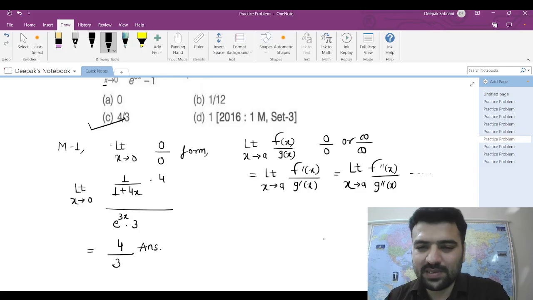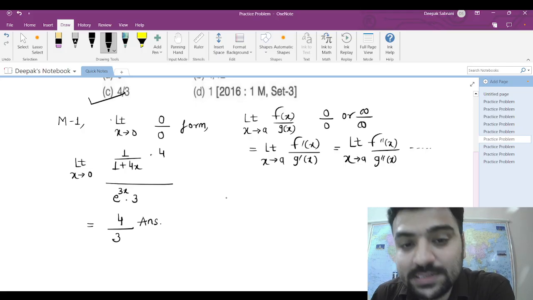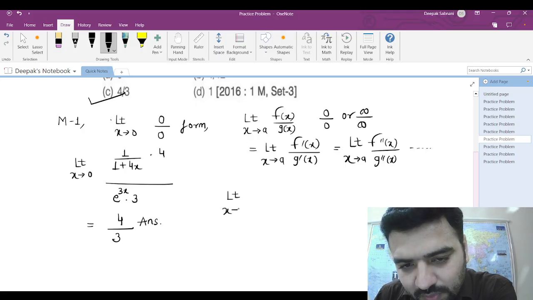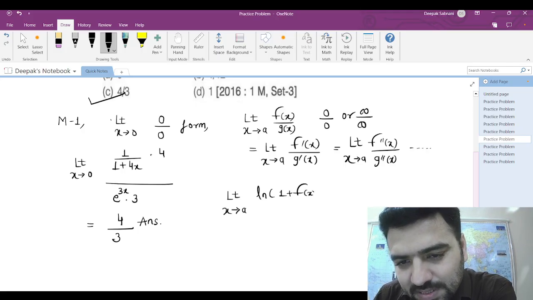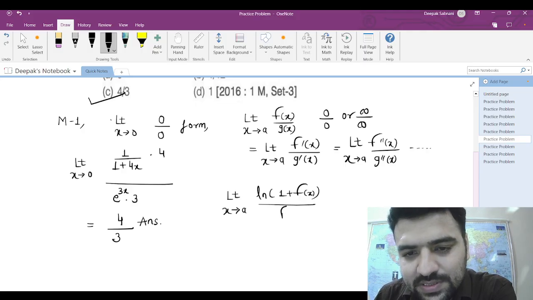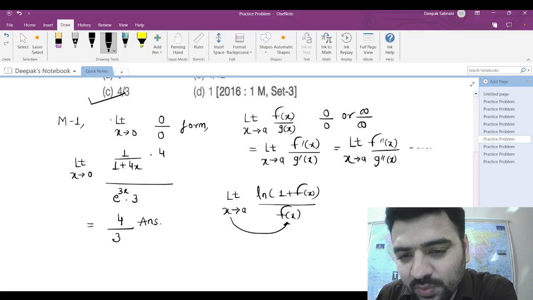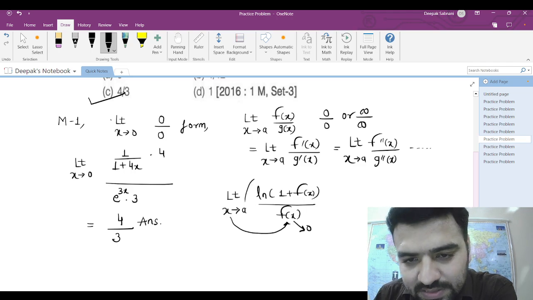I'll tell you one more method. In this method, we usually remember the standard limits. So the standard limit: when x tends to a, ln of 1 plus f(x) divided by f(x), and f(x) tends to 0, then the answer is 1.